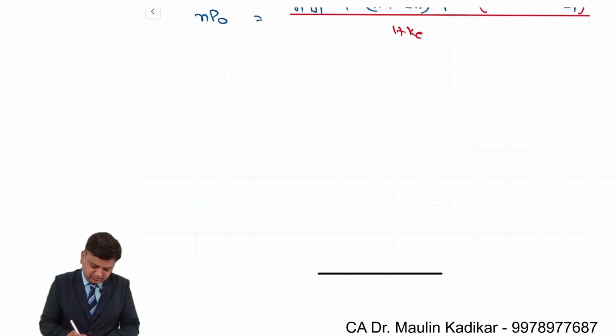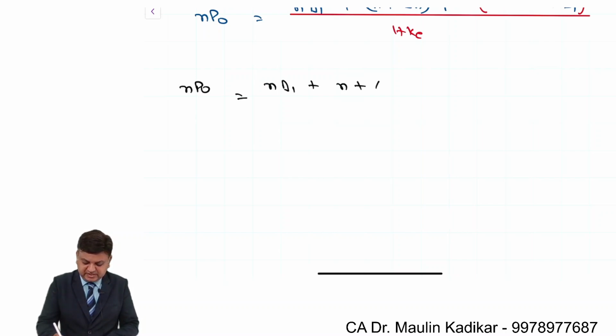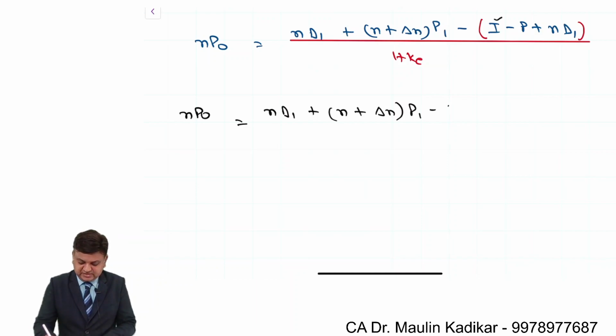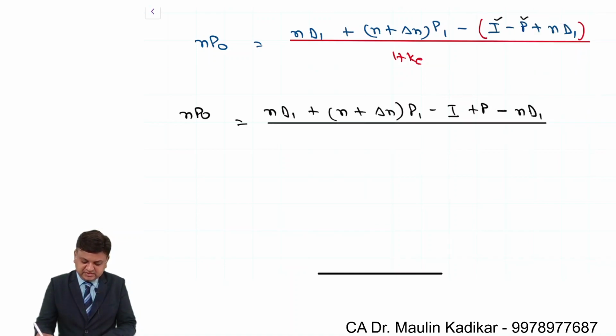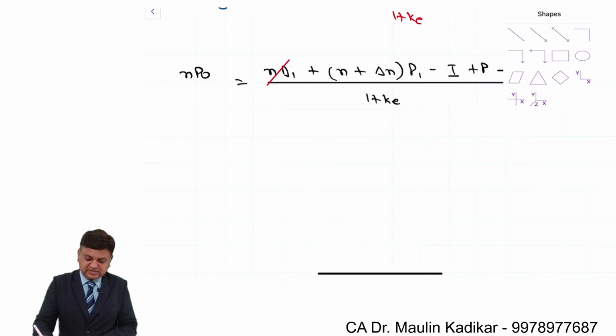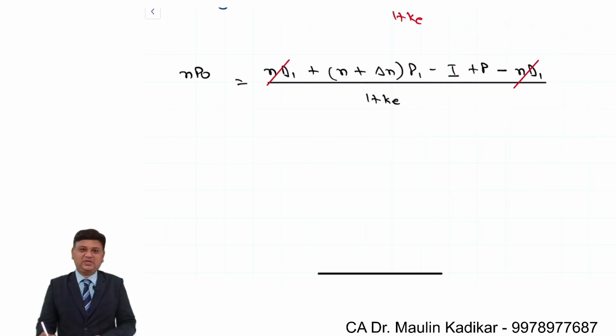Now nP0, the current value of the firm, is equal to nD1 plus (n plus delta n) into P1. When you open the bracket, this becomes negative, so minus I. This becomes positive, so plus P minus nD1, whole divided by 1 plus K. Now this nD1 is positive and this nD1 is negative, so both cancel against one another.